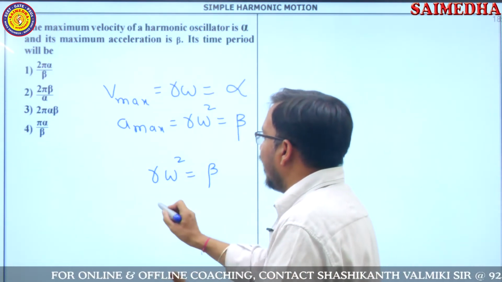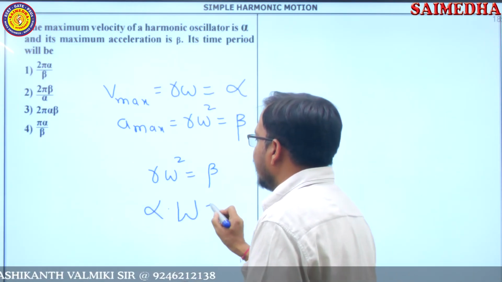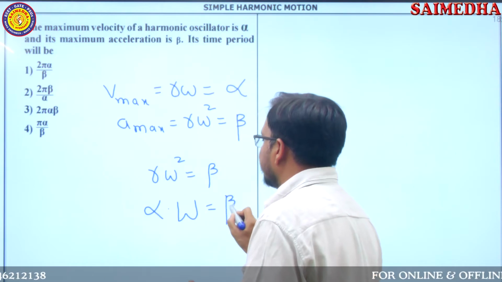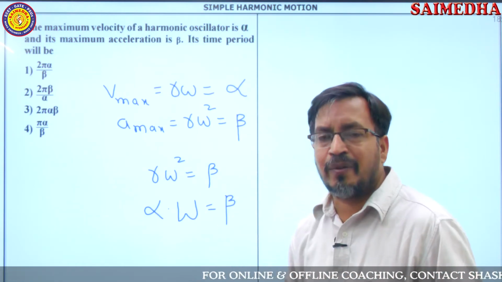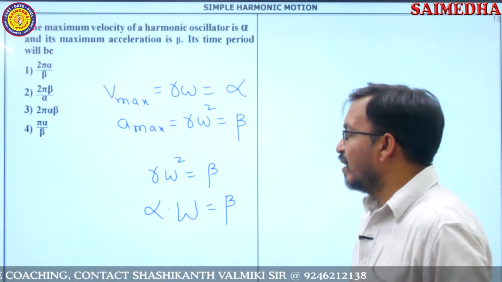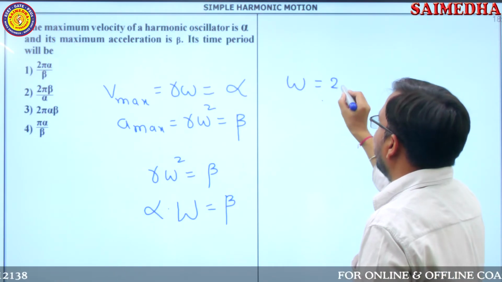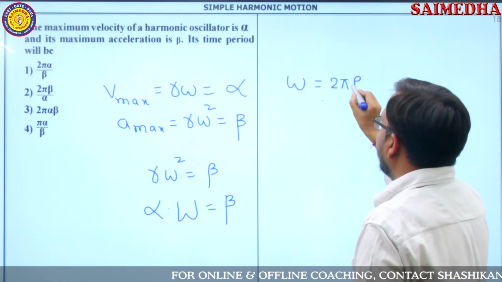What is r omega? Alpha. So alpha into omega equals beta. We know that omega equals 2 pi f, and it asks for the time period.